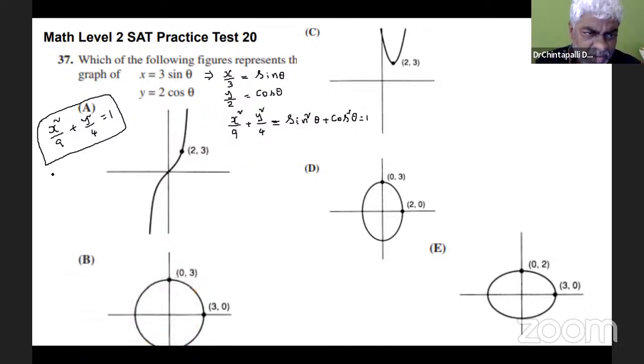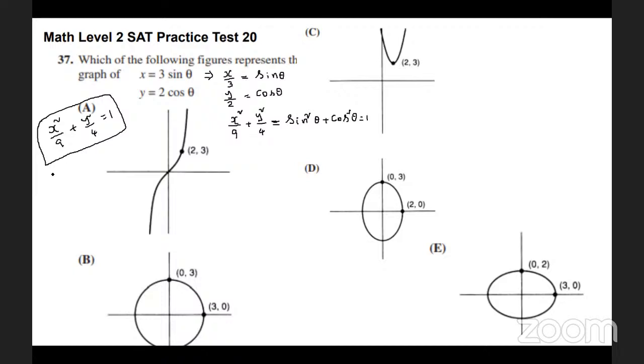Do you remember A? B is equal to 2. A is greater than 2 or A is less than 2? A is greater than 2, sir. So which option is correct?